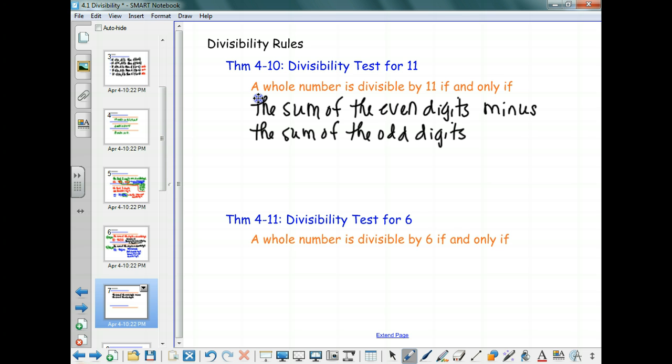And I don't mean the digits that are even or the digits that are odd. I mean the places where there's, you'll see what I mean. Of the odd digits, is divisible by 11.